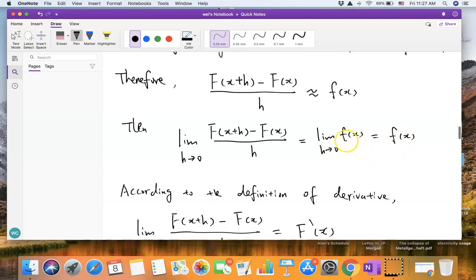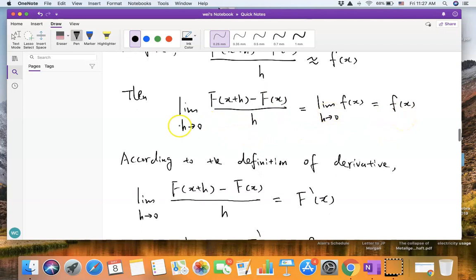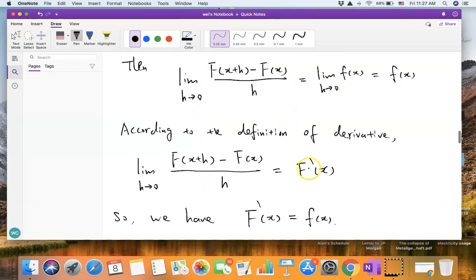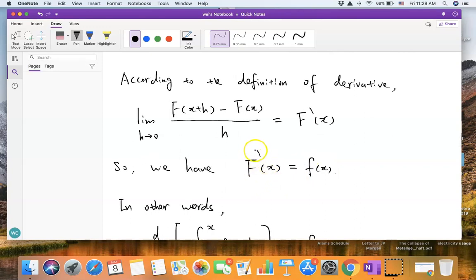Why? Because f(x) has nothing to do with h. So this is like taking a limit of a constant, and the result will be equal to that constant. And since the limit of this quotient is equal to the derivative of capital F(x), therefore we have this result. That is, the derivative of the accumulation function F(x) equals f(x).